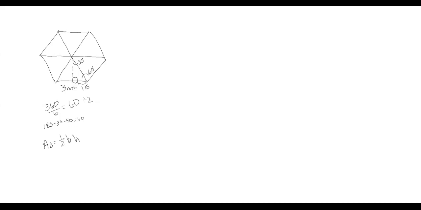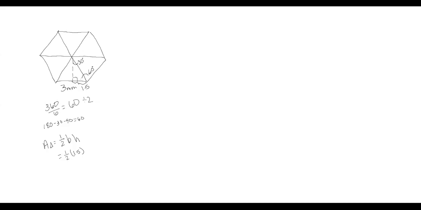In this case, it's going to be 1/2 of 1.5 times the height. And remember, this is 30, 60, 90. So this is 1, 2, root 3. So this is going to be 1.5 times the square root of 3.